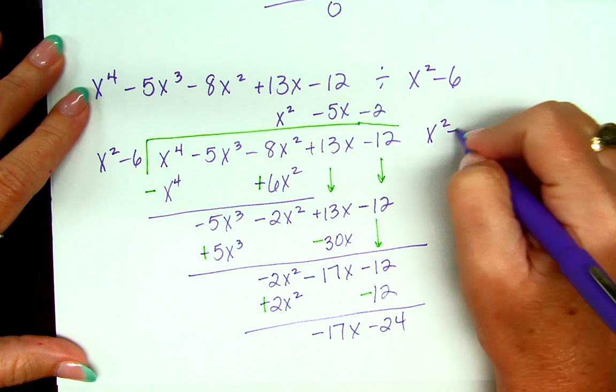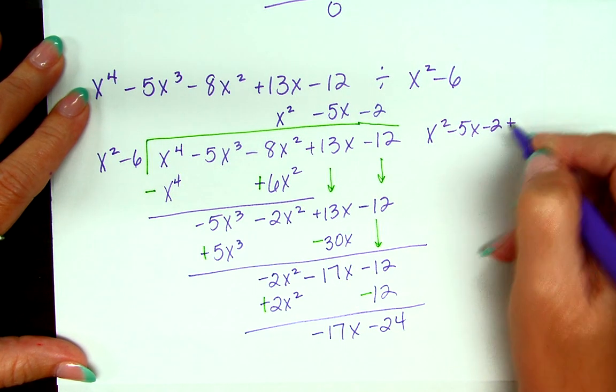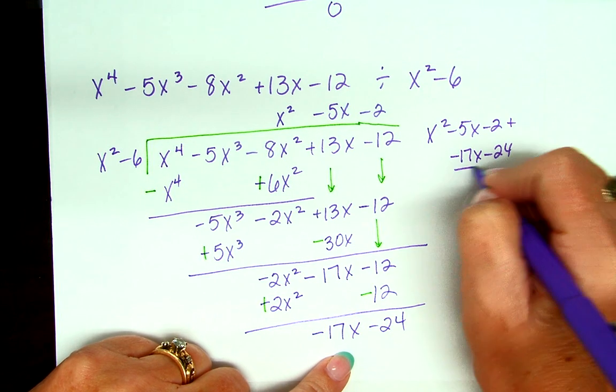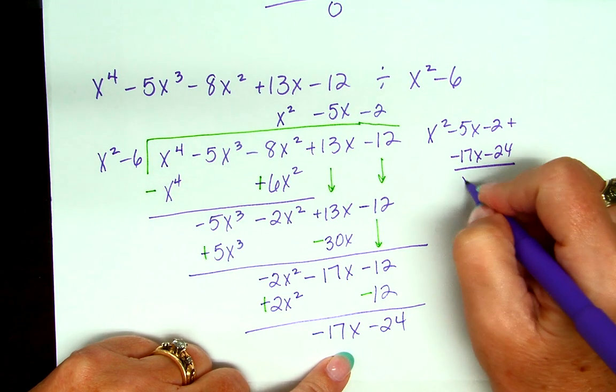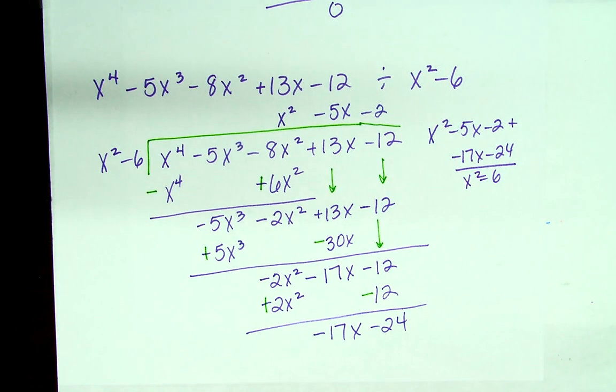X squared minus 5x minus 2, and then plus negative 17x minus 24 over x squared minus 6, what I was originally dividing by. Questions? You good?